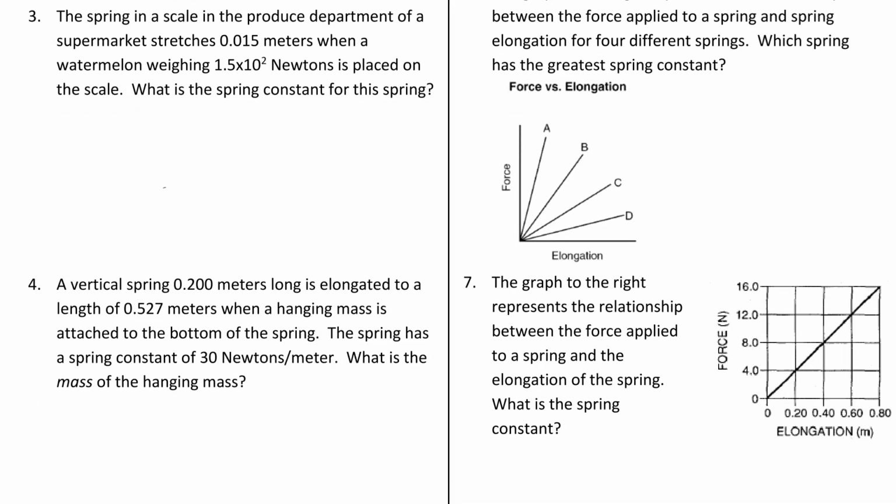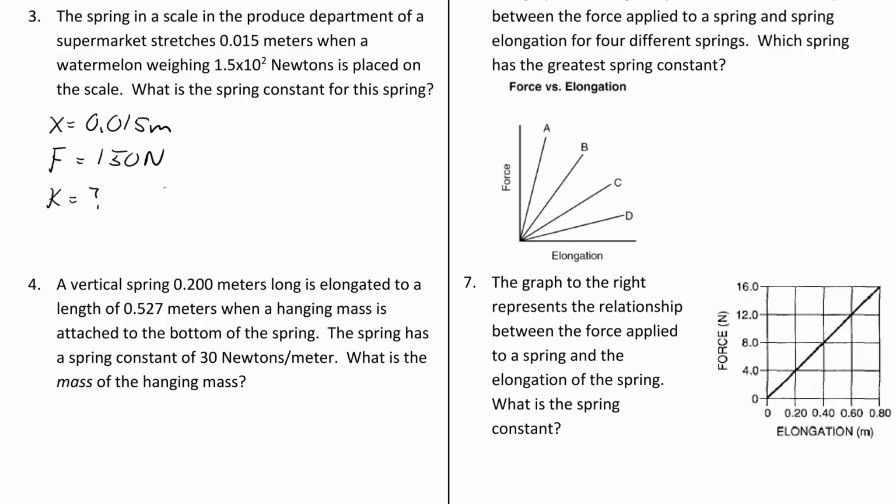Okay. Number 3. The spring scale in the produce department of a supermarket stretches 0.015 meters. So X is equal to 0.015 meters, when a watermelon weighing 150 newtons is placed on the scale. So F is equal to 150 newtons, 1.5 times 10 to the 2. What is the spring constant for this spring?